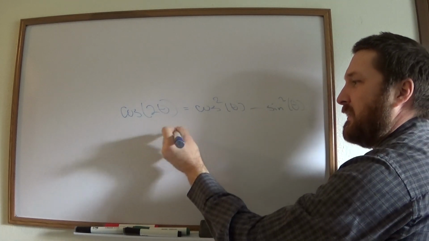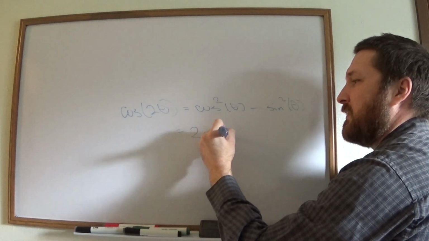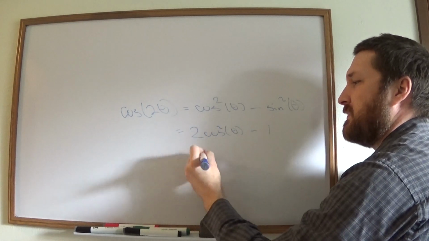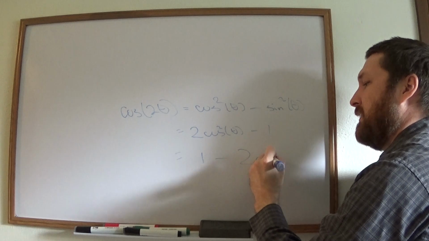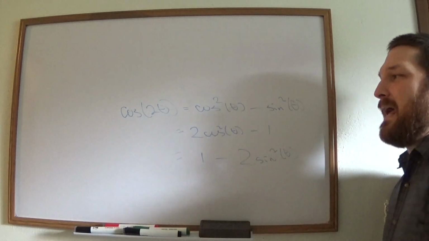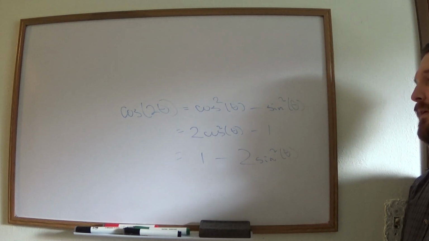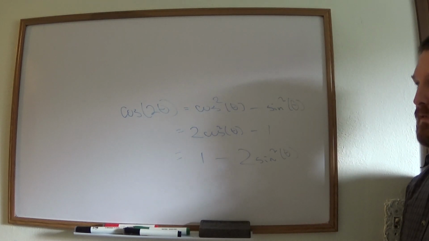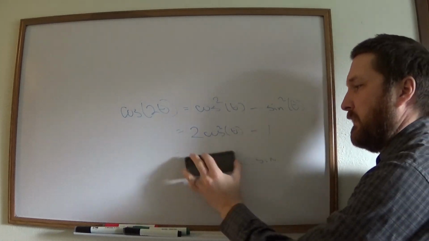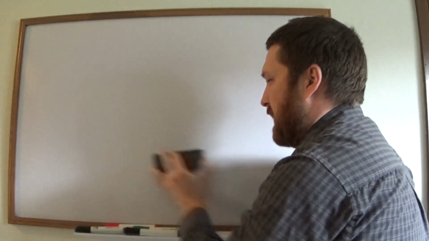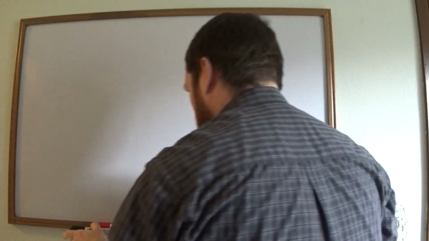From there, you could get 2 cosine squared theta minus 1, which is the same as 1 minus 2 sine squared theta. That is one of those things you want to know forever. I'll try to avoid that, and all those other crazy things you won't need to worry about. So that should be good. All right. Questions?